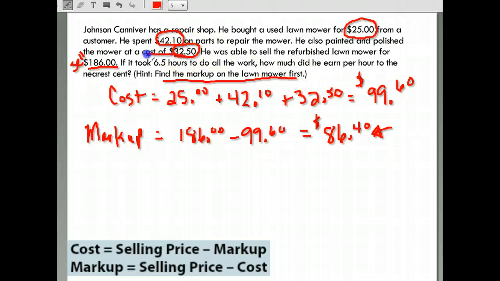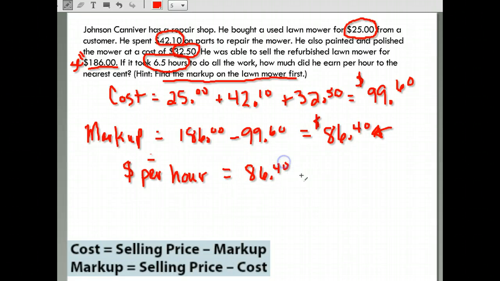They want to know how much he earned per hour by doing this. He worked, it says, for 6.5 hours. Okay, we want to know how many dollars he made per hour. Remember that per is division, so we know the markup was $86.40. We want to divide that by the number of hours he worked to fix it, and that will tell us how much he makes for each hour.